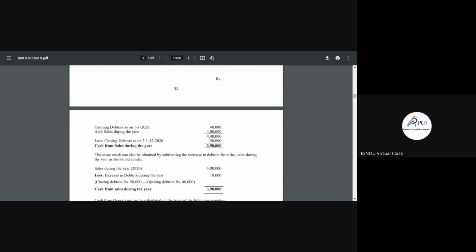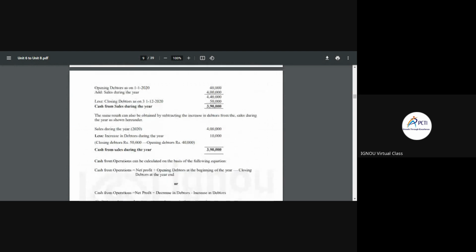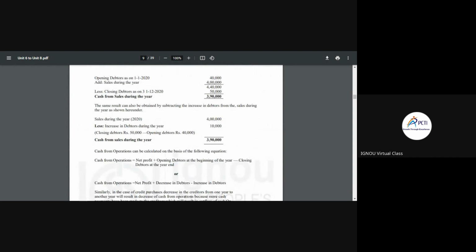Like this. First of all, we have opening debtors as on 1st April 2020, 40,000. Then we add the sale during the year, then we deduct the closing debtors, then we get cash from sales during the year. The same result will be obtained if we subtract the increase in debtors from the sales during the year, as shown here.